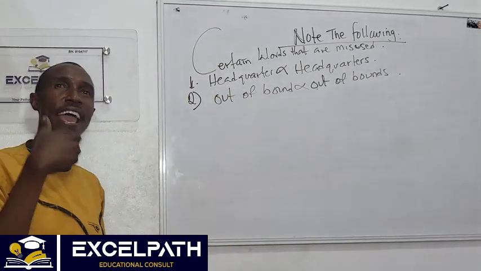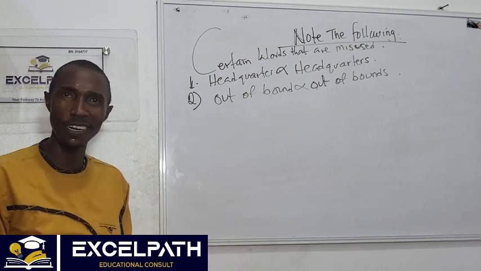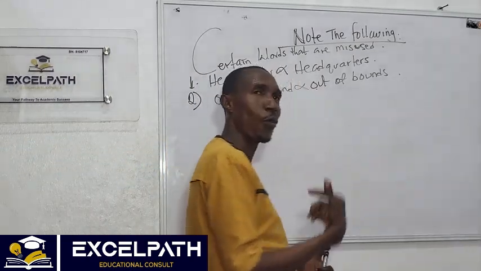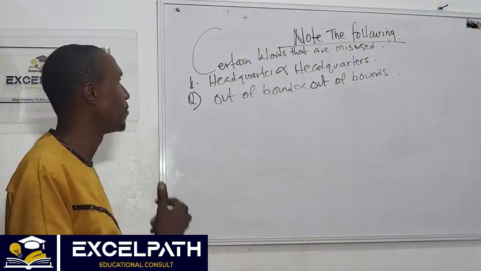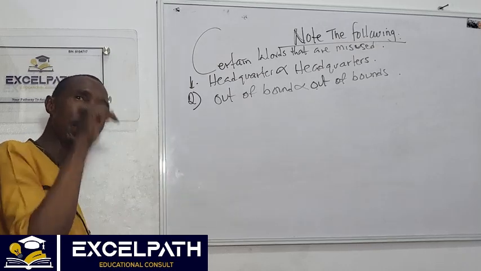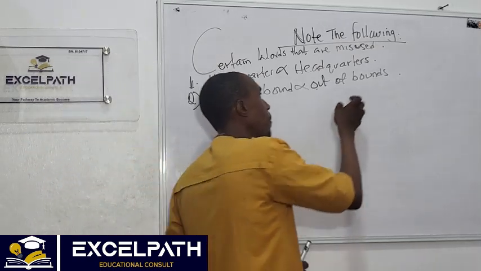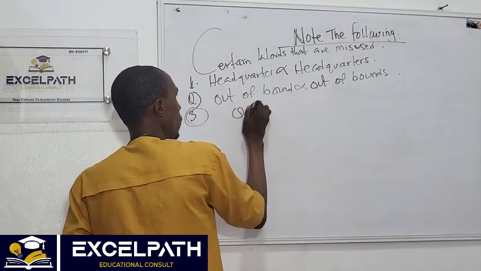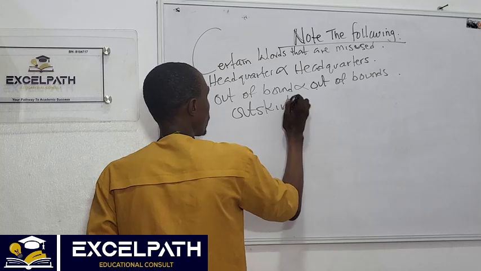Bounds. Without S, you are wrong. The S must be there. If you did not put the S, then you are wrong. Then number 3 is outskirts.